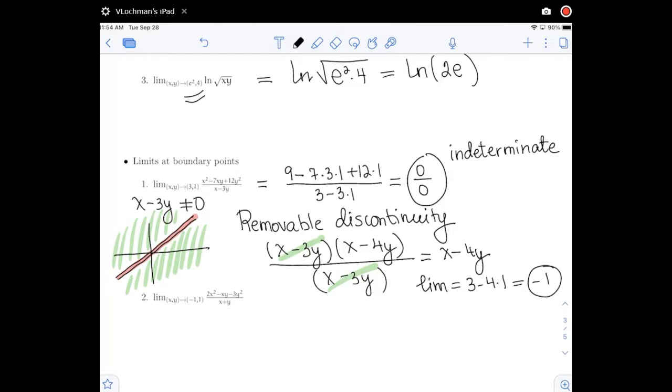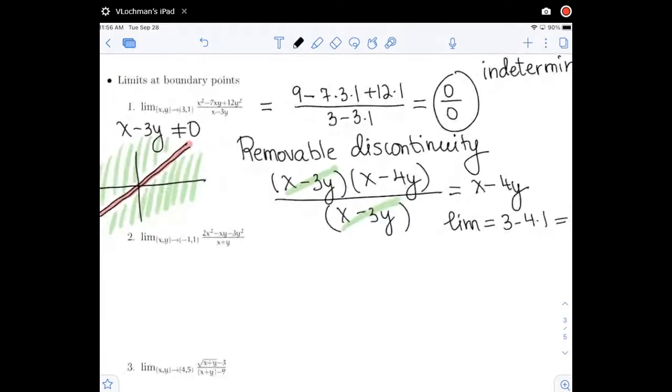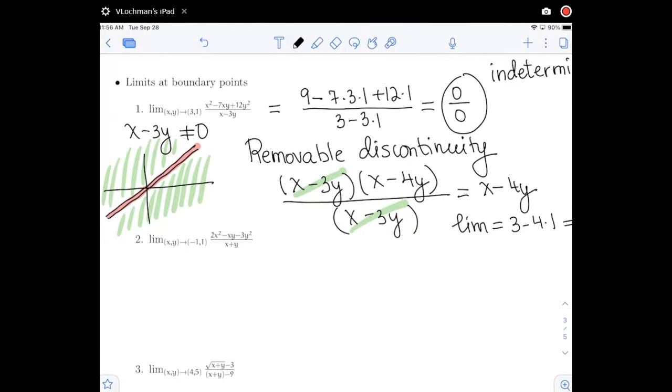All right, if there are no questions, let's keep going. Okay, similar problem. Limit as (x, y) goes to (negative 1, 1) of this rational expression. Again, let me go ahead and make the domain here, just to get used to this idea of thinking about a function as a whole, right? So what is the domain here?